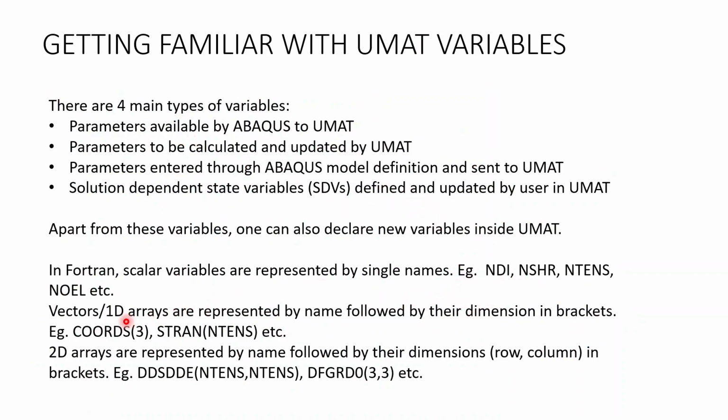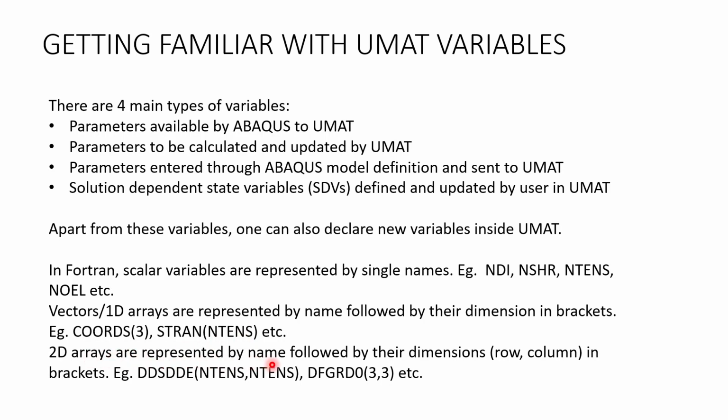One-dimensional arrays are vectors. They are represented by the name, followed by the dimension in brackets. For example, Coords bracket 3 represents a one-dimensional array with 3 elements inside it, and this vector is called STRAN with NTENS. Depending on the value of NTENS, that will be the size of this STRAN array.